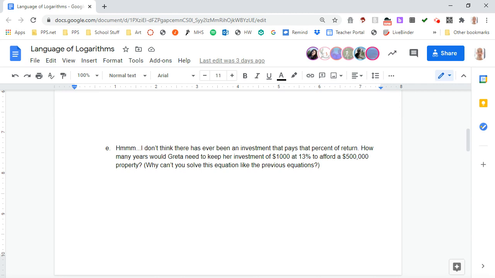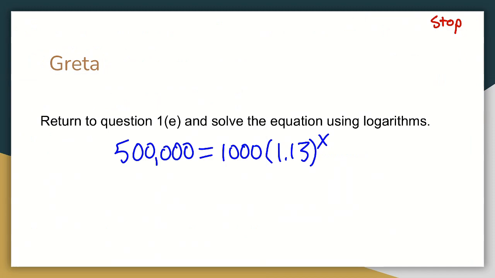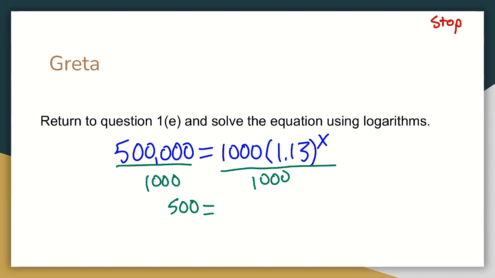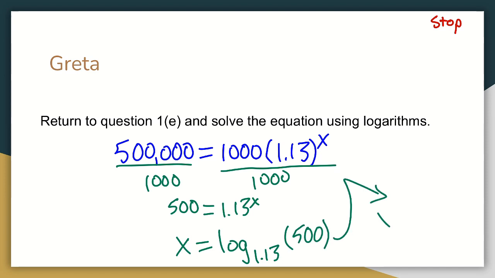All right, so here is the equation that we're talking about. So we said that we would first divide by 1,000. We would get 500 is equal to 1.13 to the x. And now we can rewrite this as a log. x is equal to log base 1.13 of 500. And then we'll get an answer for x. So we're going to go to our calculator.